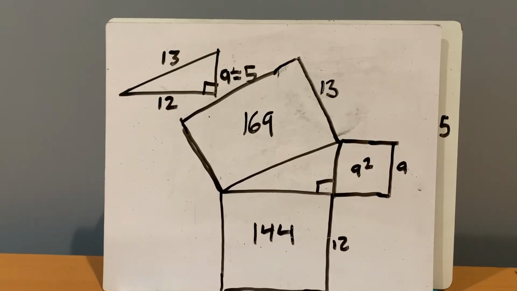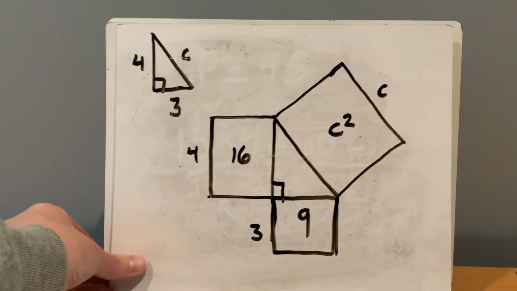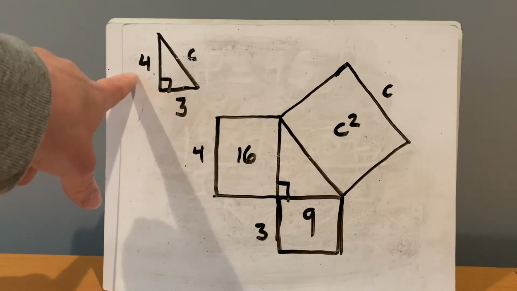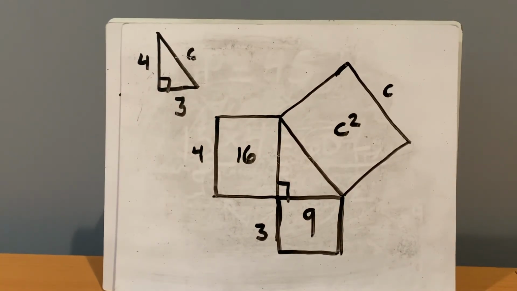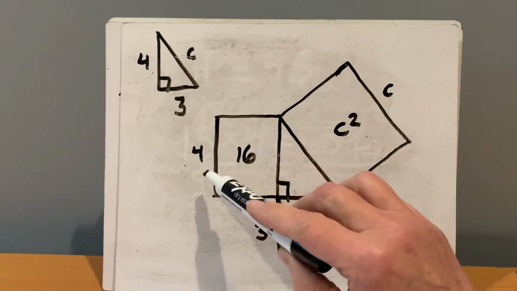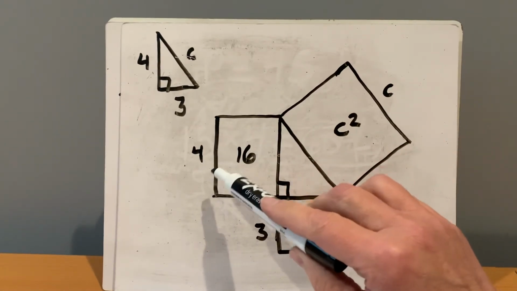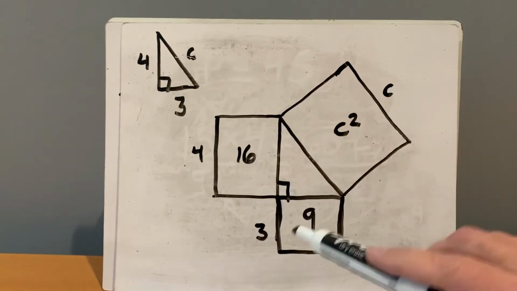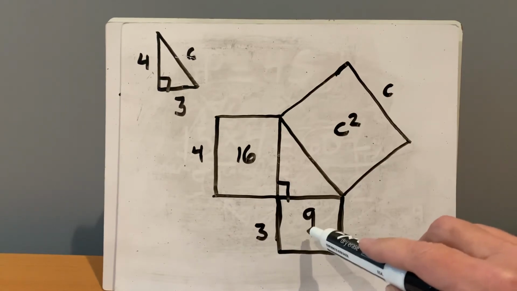Now, if you're given this triangle right up here and you're told to find the perimeter of this triangle in centimeters, you can use the Pythagorean theorem. First, sketch it out. Draw your squares on each side. We know this square, 4 times 4 equals 16. 3 times 3 equals 9.